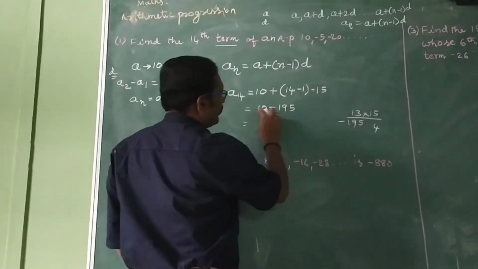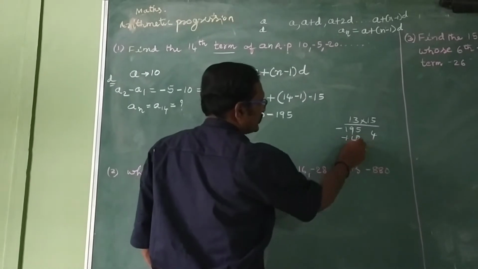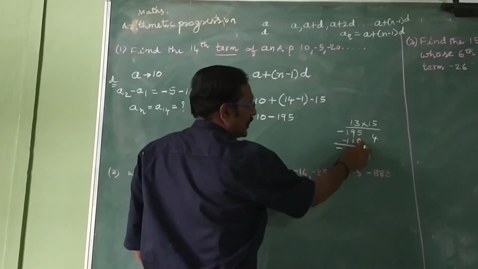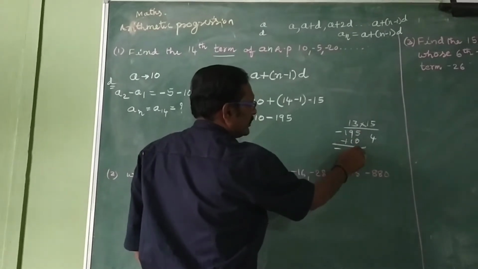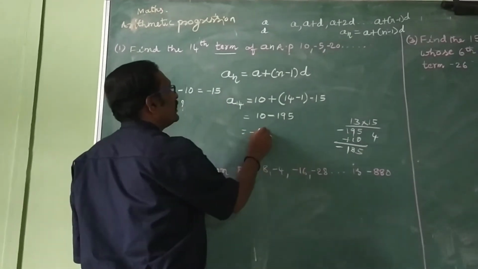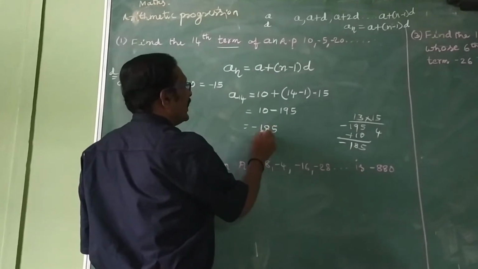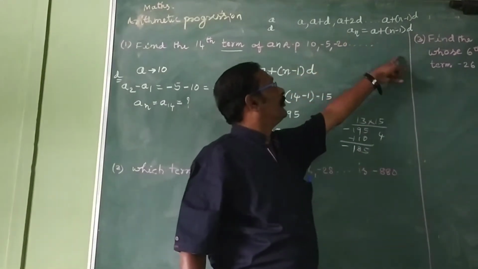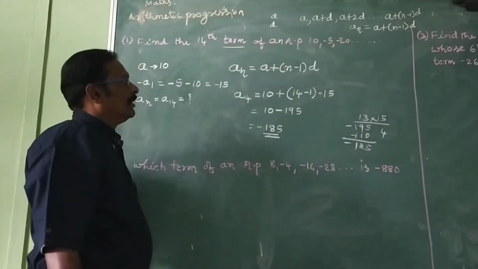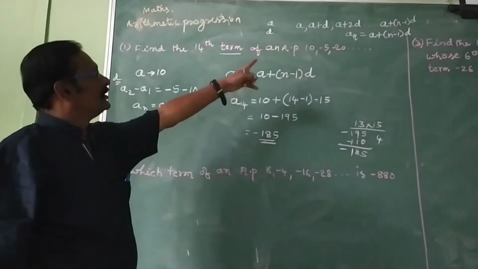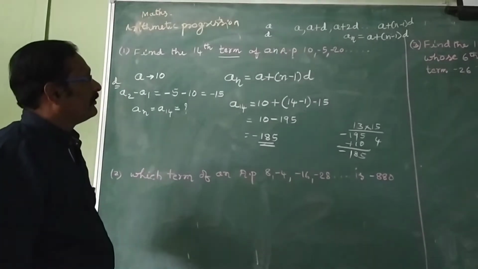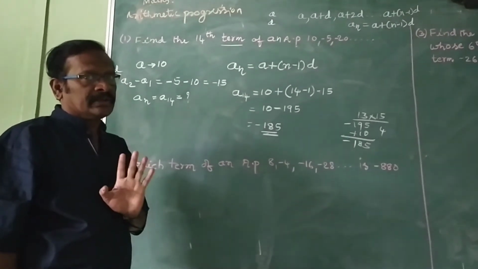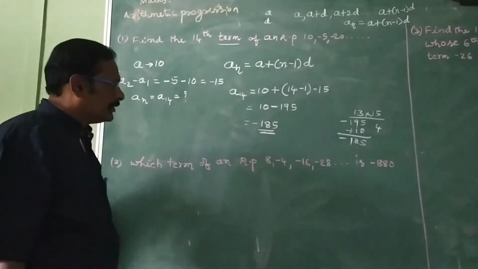Minus 195 plus 10, you have to subtract: 195 minus 10 is 185, so minus 185 is the 14th term of this AP. Okay, whenever term comes, use the an formula, an is equal to a plus n minus 1 into d.